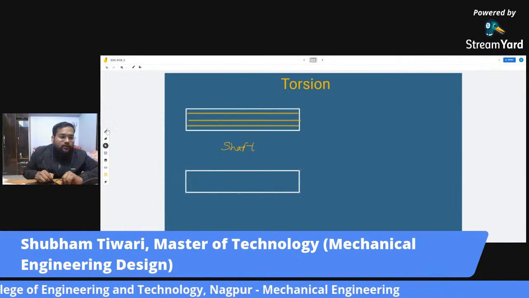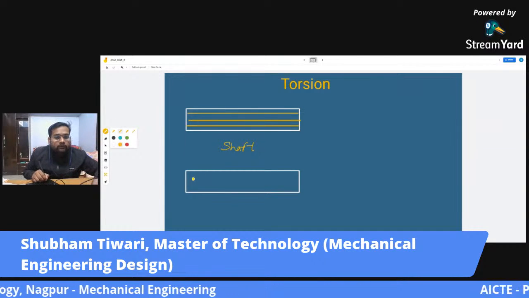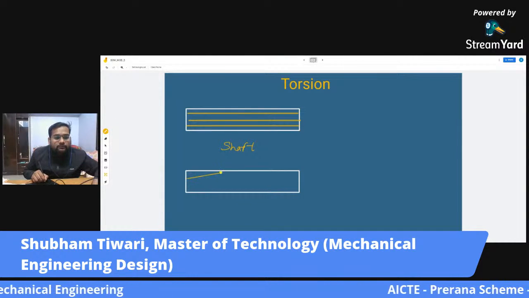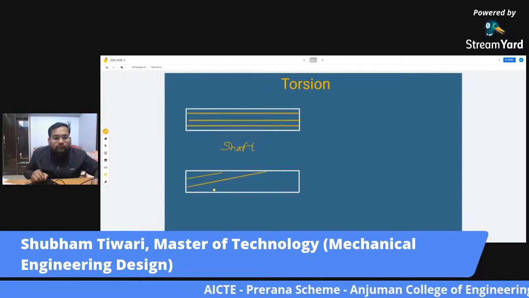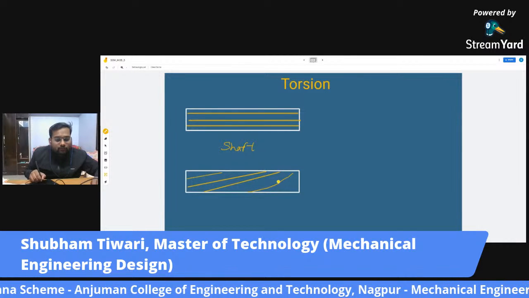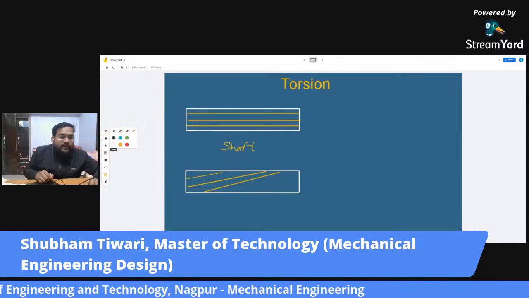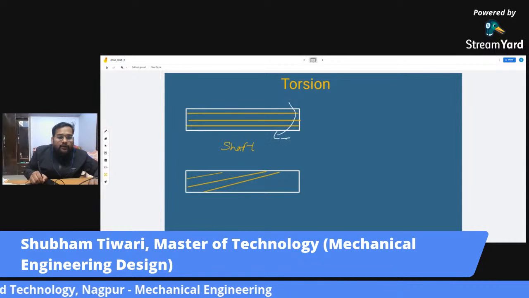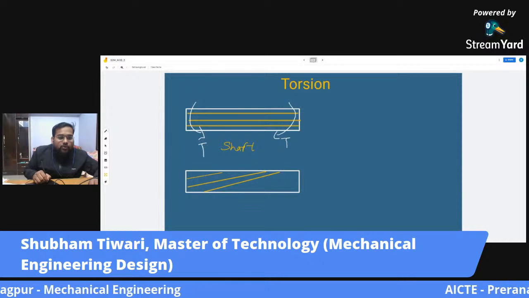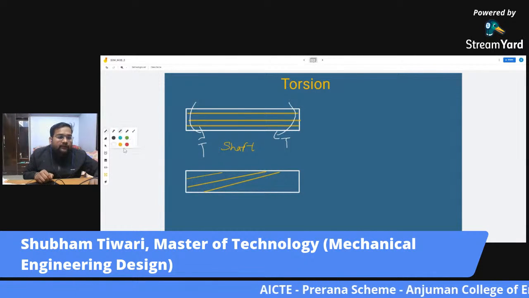Okay, so as I told you, the layers will now get inclined. How or why will they get inclined? Because I applied a twisting moment or torque to this shaft.